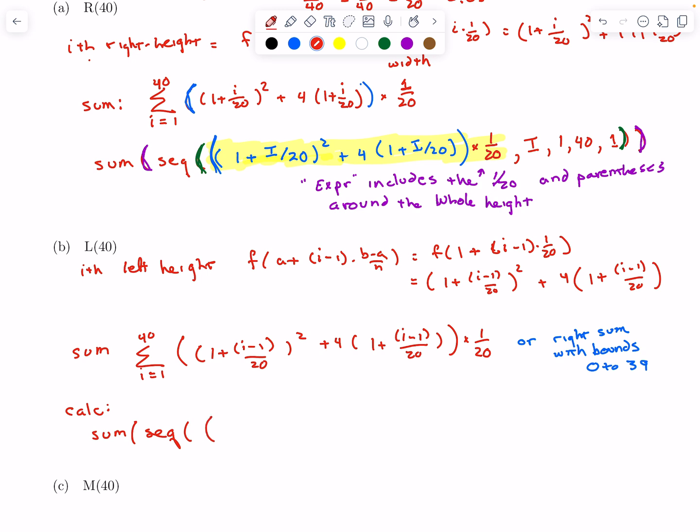You'll need parentheses around the whole height, and then you need parentheses around the thing you're squaring. And extra parentheses around i minus 1.